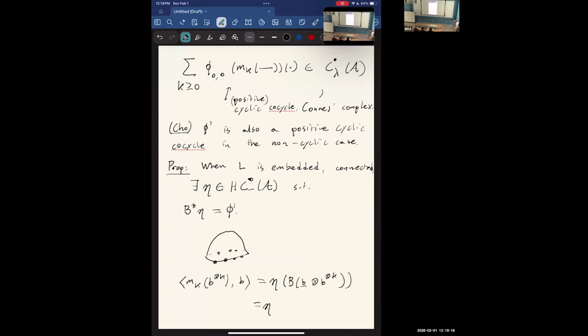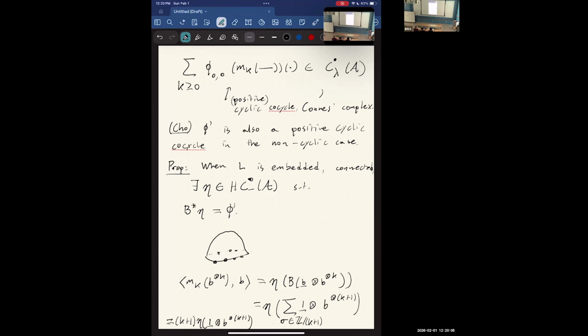What this gives me is the sum over all elements of Z mod k+1 of the unit in cyclic cohomology tensored with k+1 powers of b, and we can rewrite this as k+1 times eta of one times b to the power k+1.